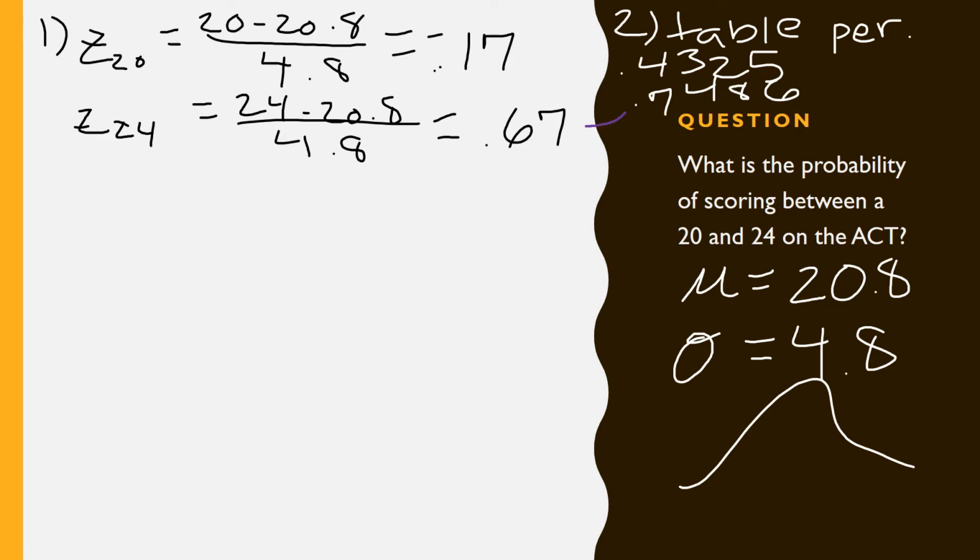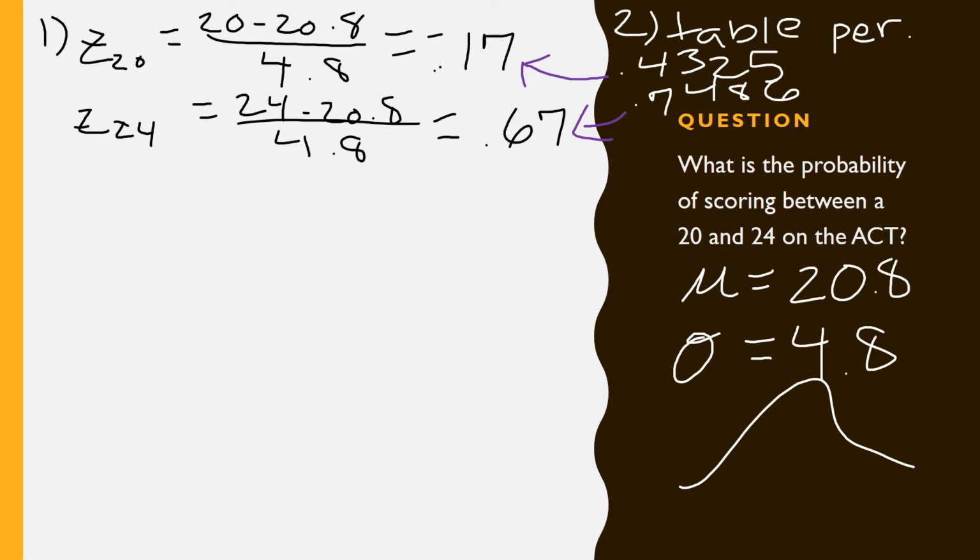So this one goes with this z-score and this one goes with this z-score. So you might want to double check and make sure you get the same answer. But I've done the table a few times, so you should be able to do that yourself by now.